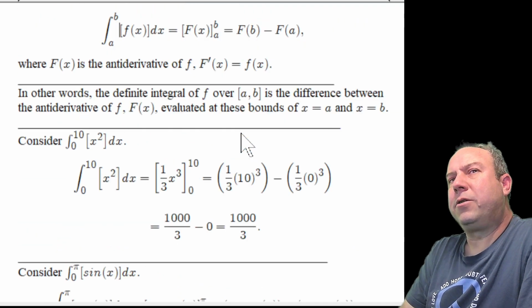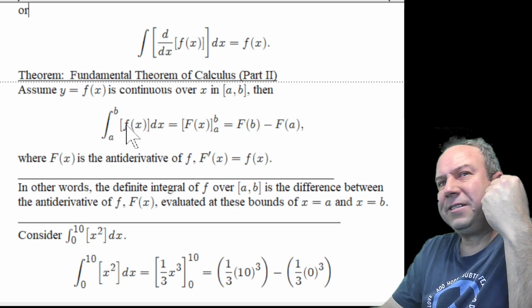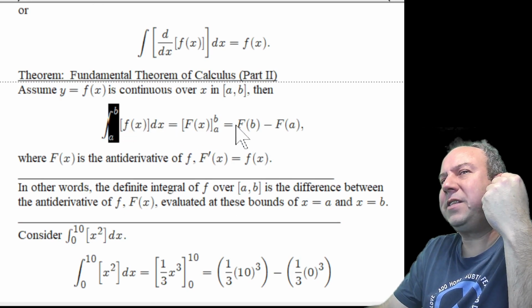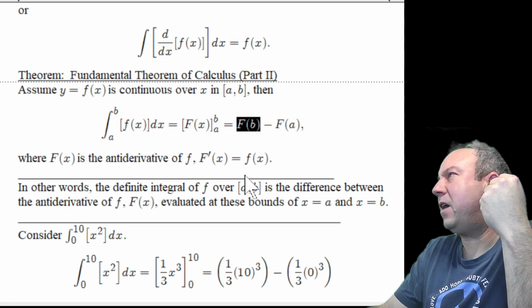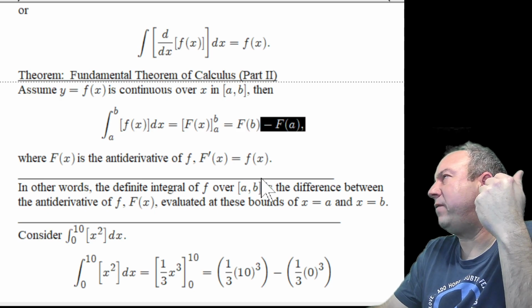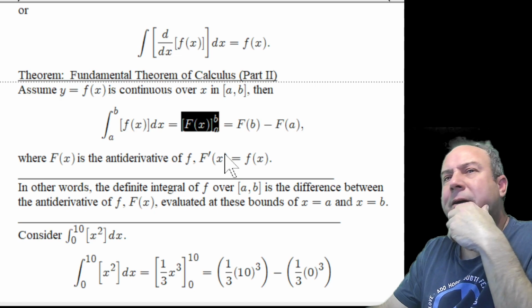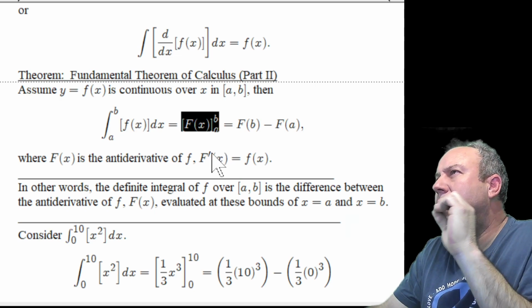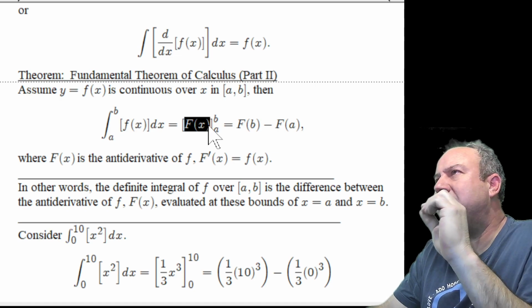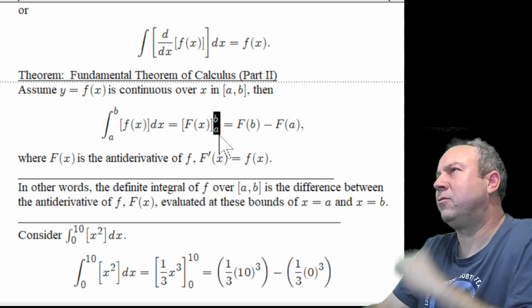Part 2 says the definite integral of f of x from a to b is just the antiderivative of f evaluated at b minus the antiderivative of f evaluated at a. This middle step here is just a way of organizing your work so that you can make note of what the antiderivative is before you have to evaluate it across these boundaries.